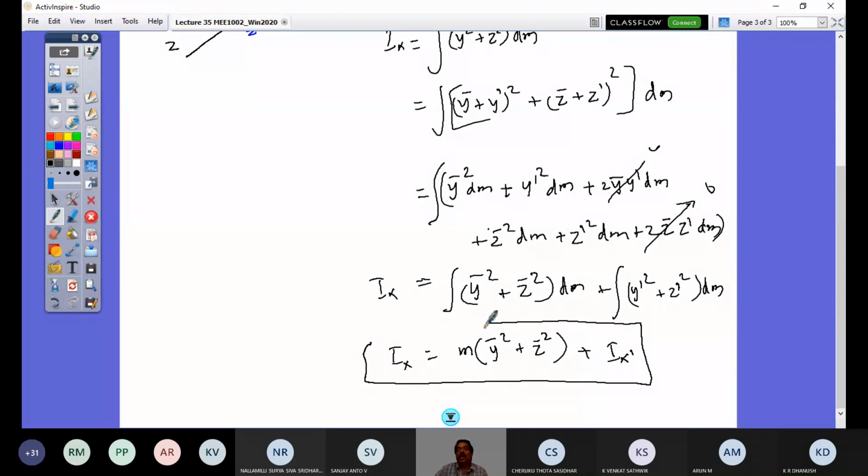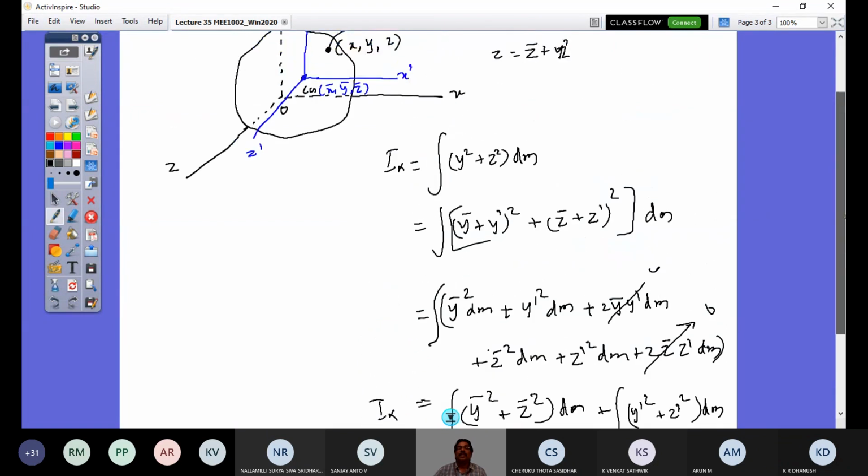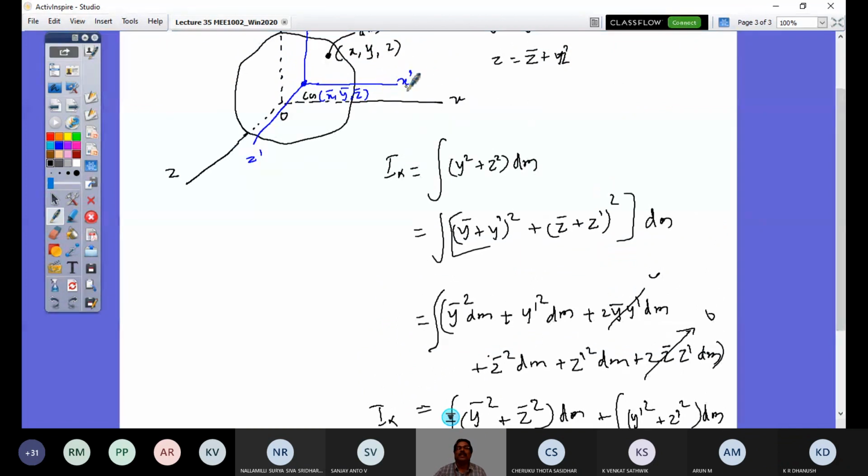So the mass moment of inertia about an arbitrary axis set x, y, z, which is not a centroidal axis set: you see here the x axis is not a centroidal axis, the x dash axis is a centroidal axis.